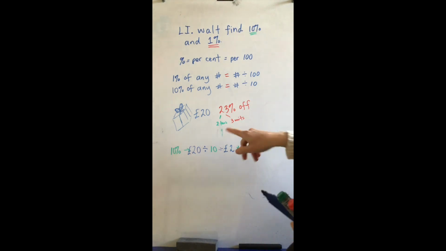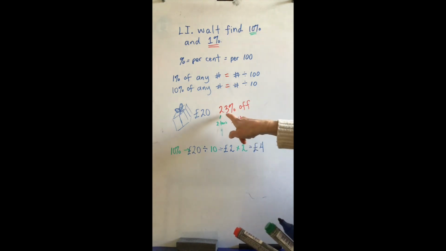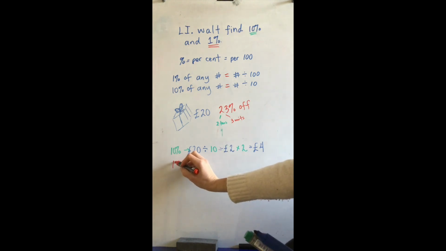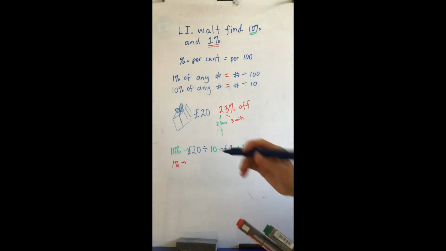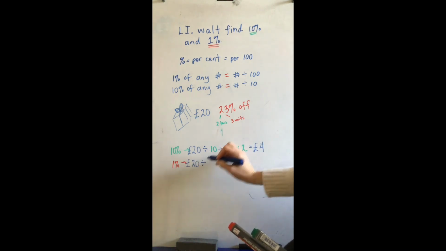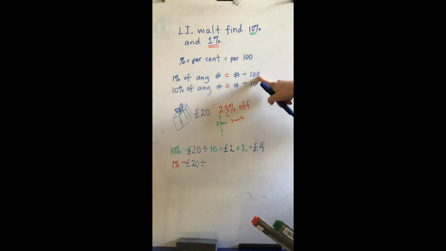All right, and then we've got to find our units, or the units of percentage off. So we've got 3%. So if I find 1% first, so 1% of 20 pounds, we are going to divide by 100. So 1% of any number we divide by 100.